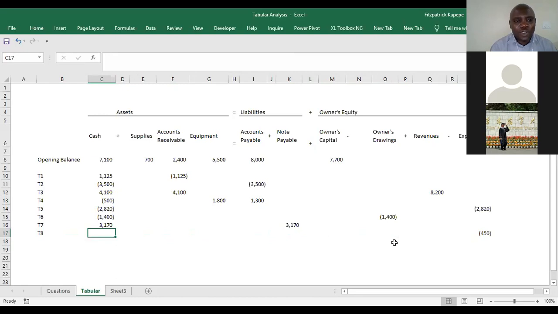So it was on credit. You come here under payables, and this is where you put that, like this. Then we do the balance sheet and income statement.